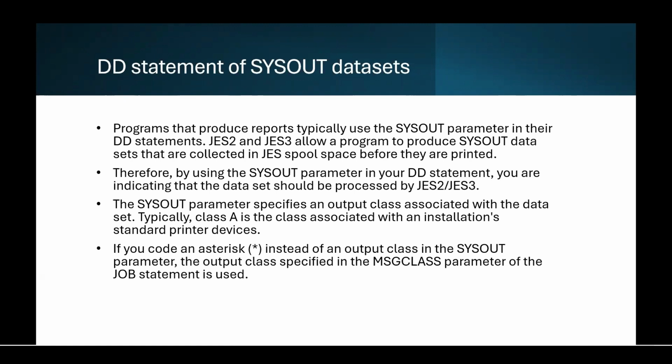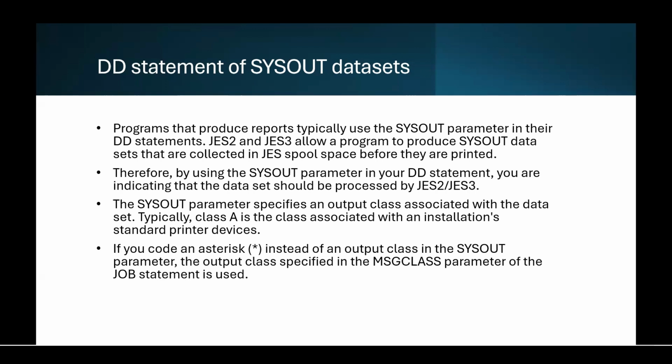Whatever SYSOUT file you have, or whatever utility, such as Control-D, or whatever facility you have in your project, whatever the program is writing, that report will be written to that facility, that utility, or any particular file in the SYSOUT data set. So by using the SYSOUT parameter in your DD statement, you are indicating that the data set should be processed by JES2 or JES3, whatever your system has.